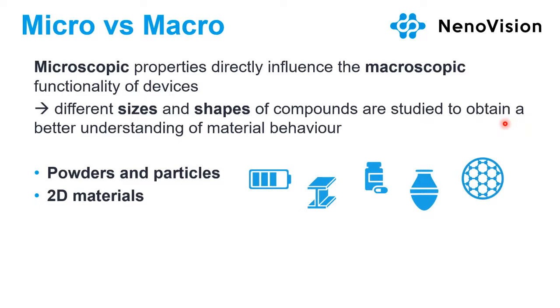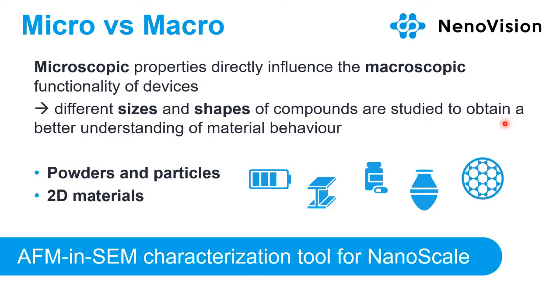Most of the devices are composed of smaller particles. So if we are able to measure smaller particles, such as powders and particles or 2D materials, then we can evaluate the macroscopic functionality of the device and improve it.